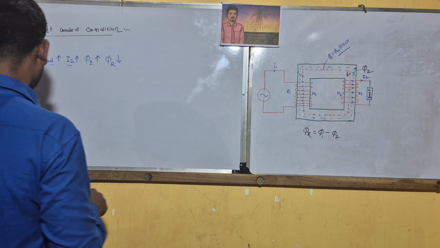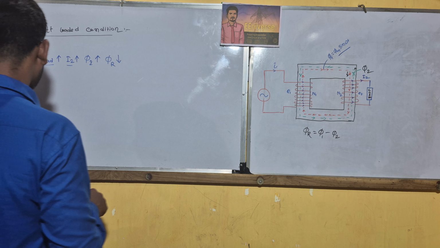Now we can write phi total equals phi m plus phi 2.